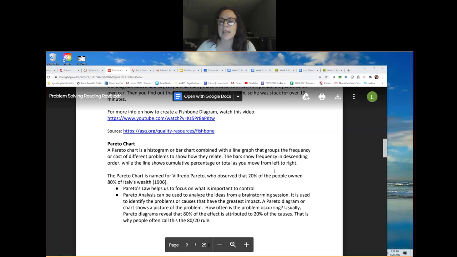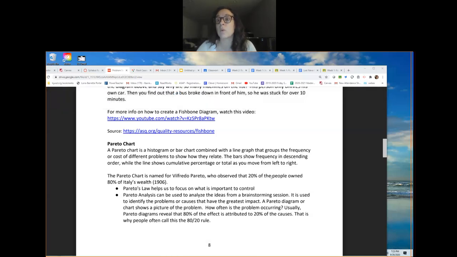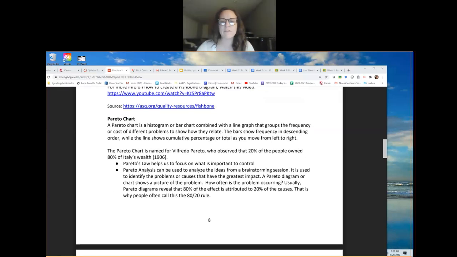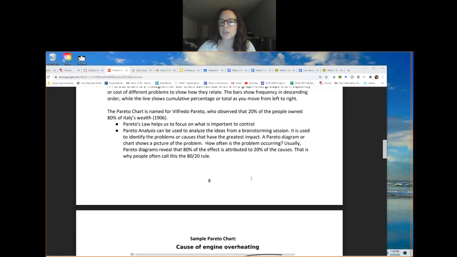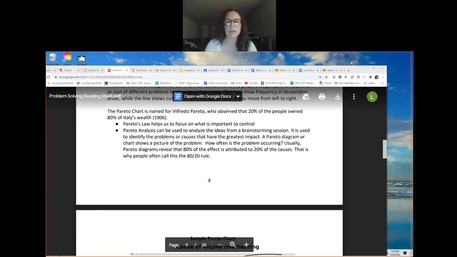Only 20% of the people in Italy were wealthy, meaning they had a lot of money. Everyone else didn't. And he figured this out by creating this chart. And it shows a picture of what is going on, how often the problem is occurring.